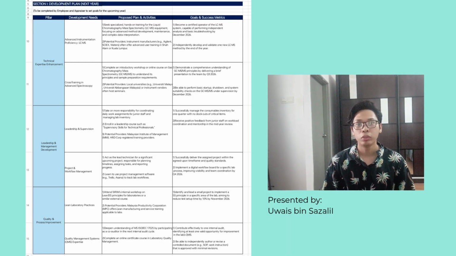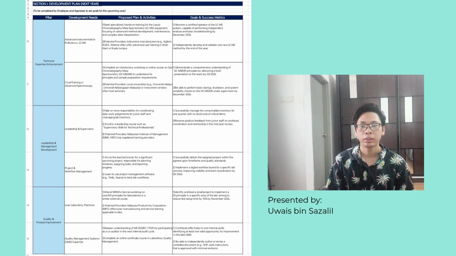Next, we will move on to section I, which is the development plan for the next year. This section is looking forward and outlines what the employee should do and focus on for the next year to go further in their career.